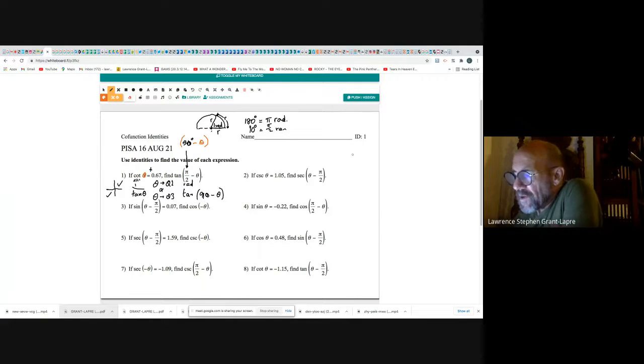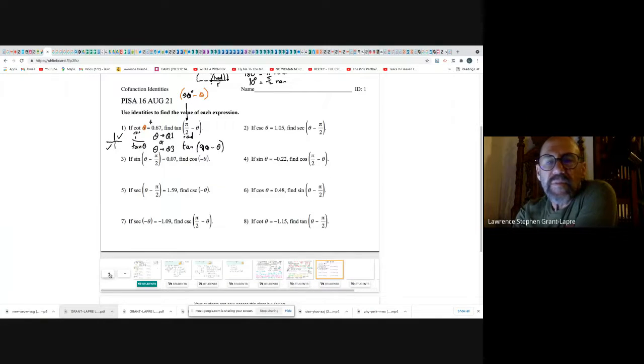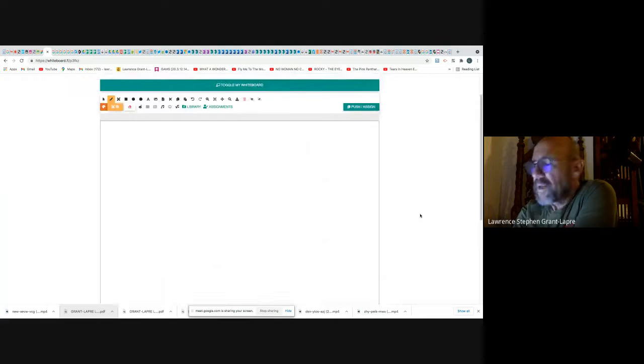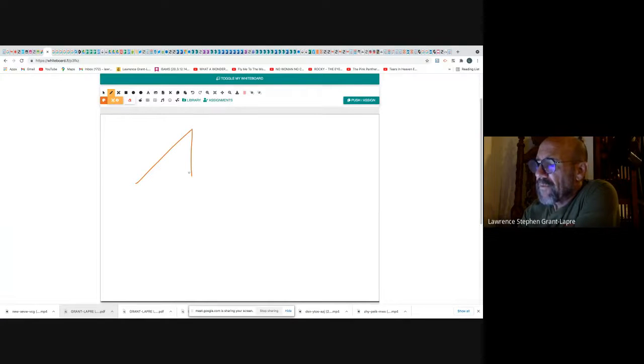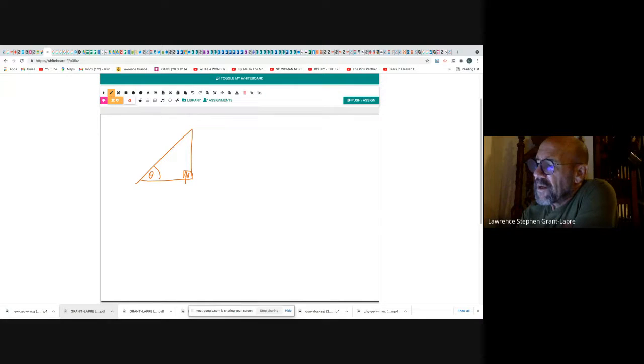Let me just show you what I mean. When you have a triangle and this angle is 90, if this is theta, then this other angle, the complement angle, is 90 minus theta. So whenever you see pi over 2 minus theta or 90 minus theta, you think of the complement angle of theta.